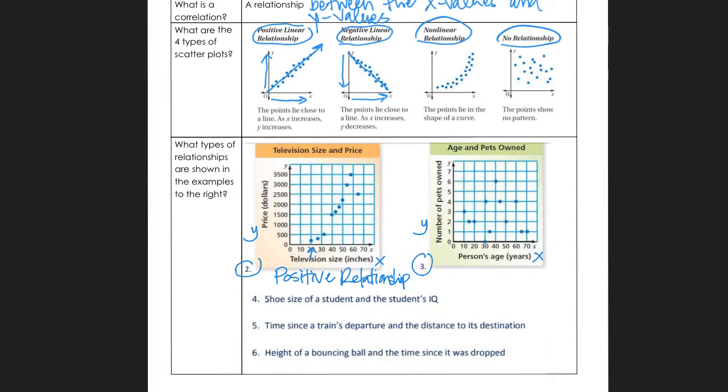If you think about it logically, there's not always a relationship between a person's age and how many pets they've owned because some people just simply don't like pets. So because there is no pattern, this is no relationship.